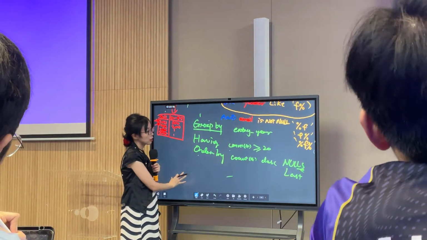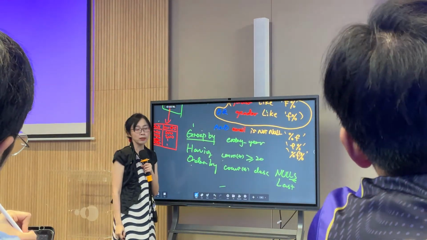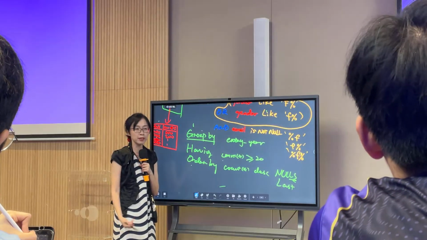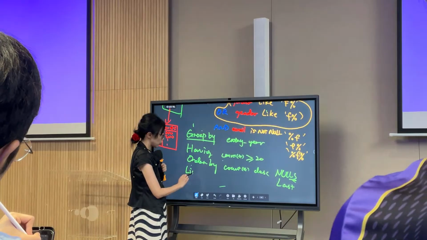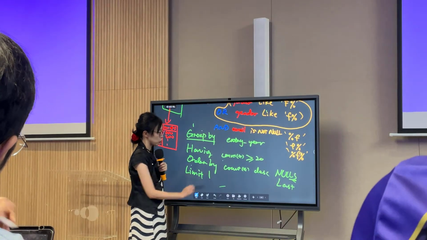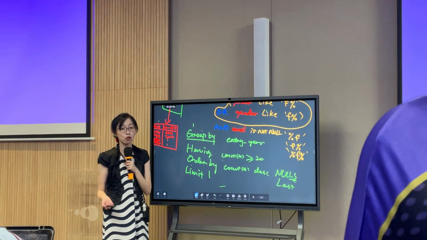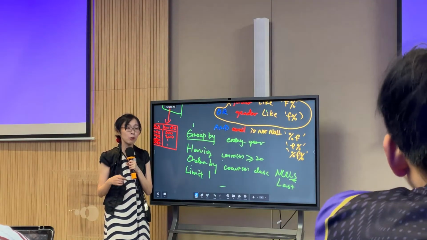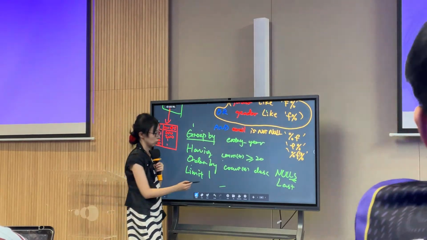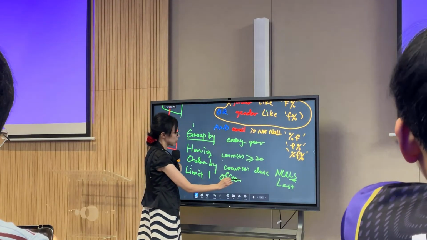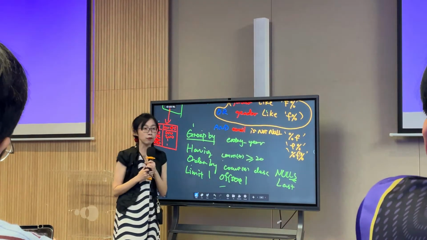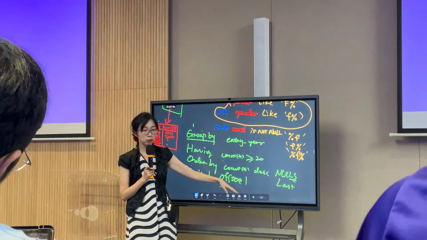You might only want to show the top one. So which year has the maximum number of students? In this sense, you do limit one. Then you find the top one. If I want to find the top two, the second one, you have to say offset one. Be careful: offset means skip one, then take one.